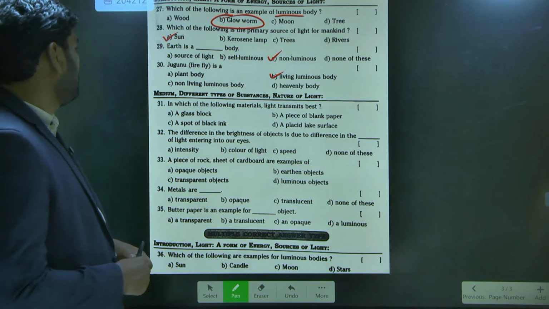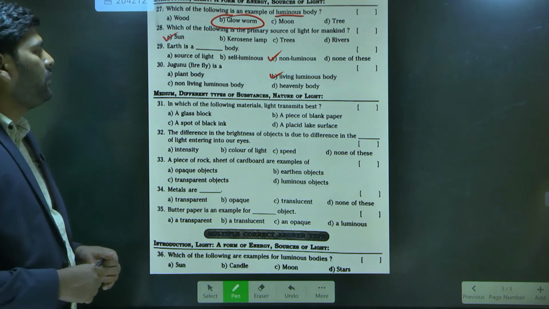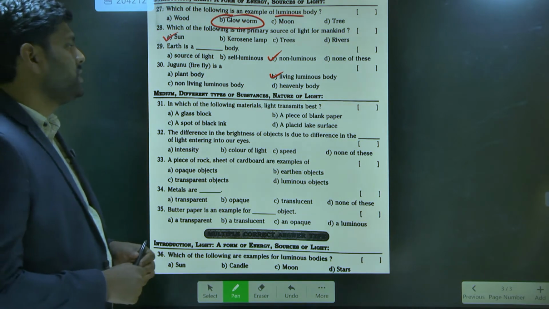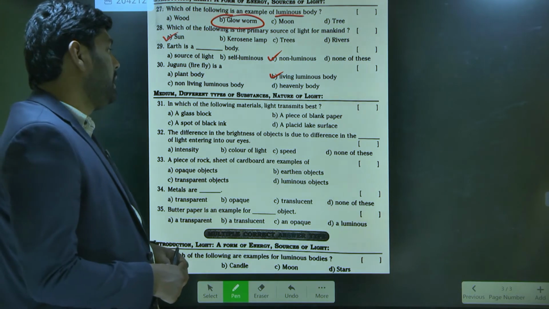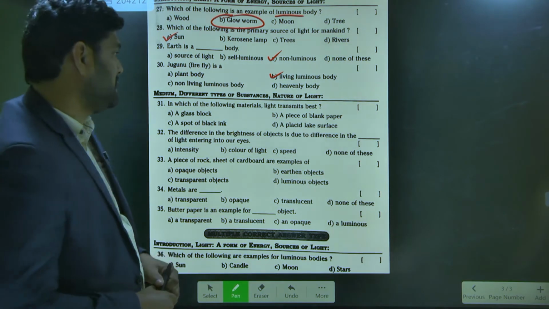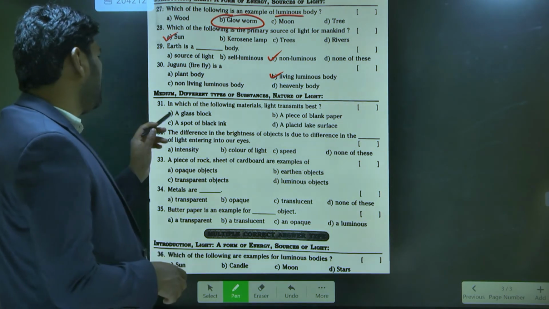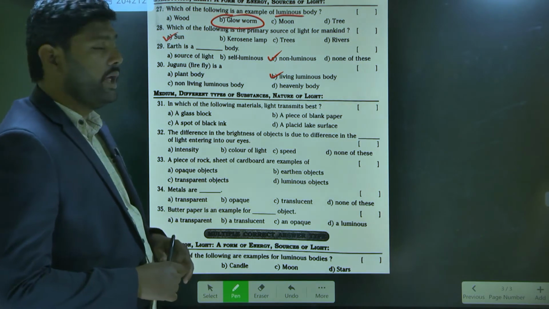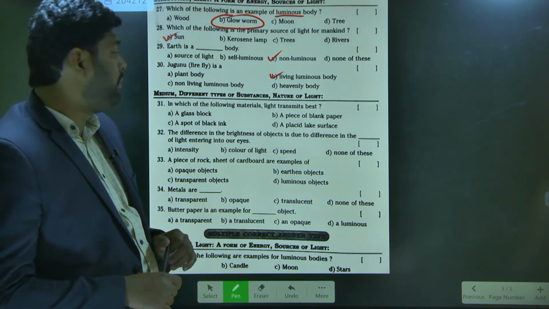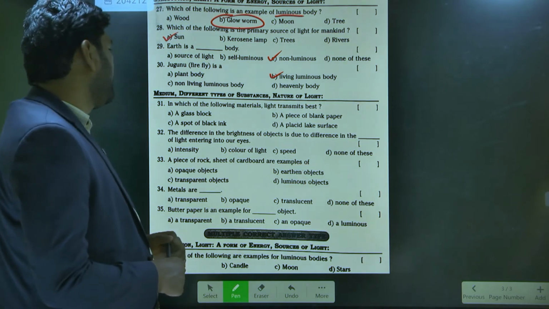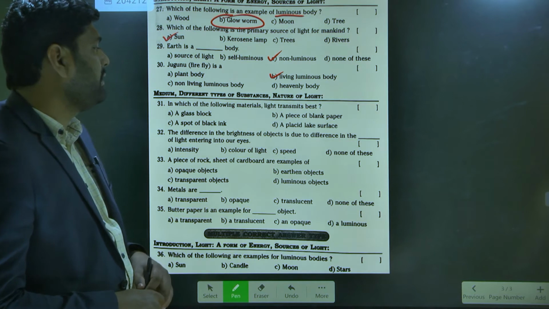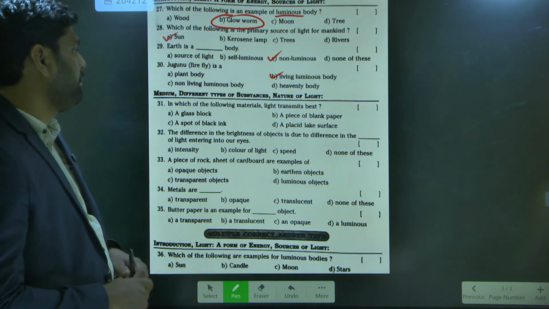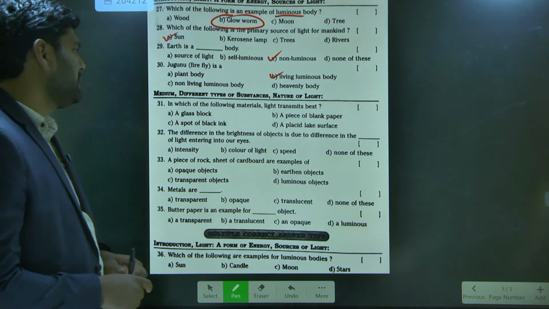Next, question 31: in which of the following materials does light transmit best? A glass block, a piece of blank paper, a spot of black ink, a placid lake surface.